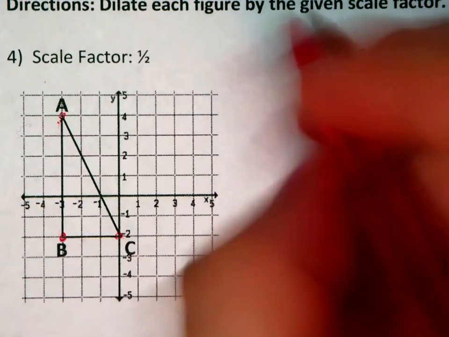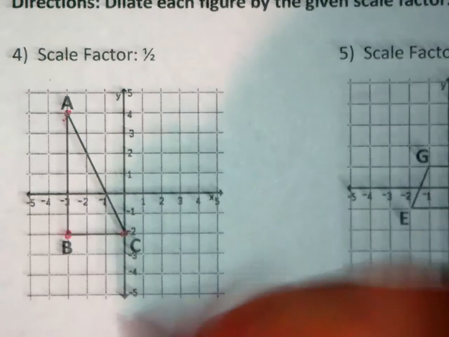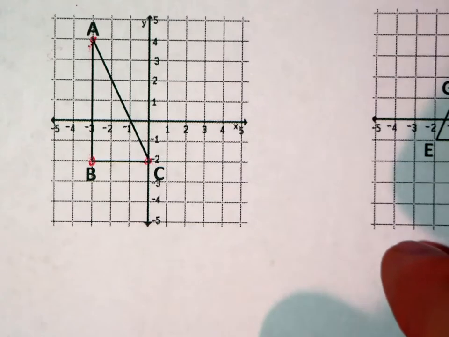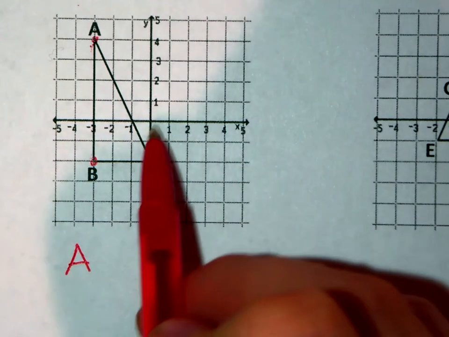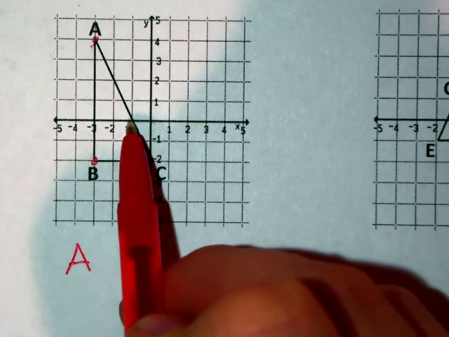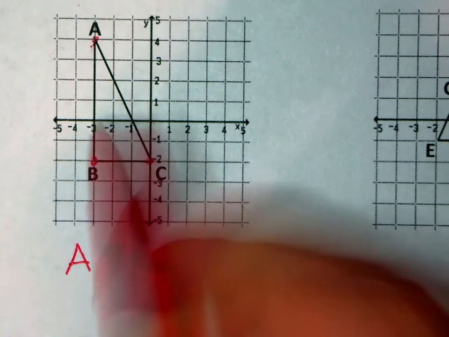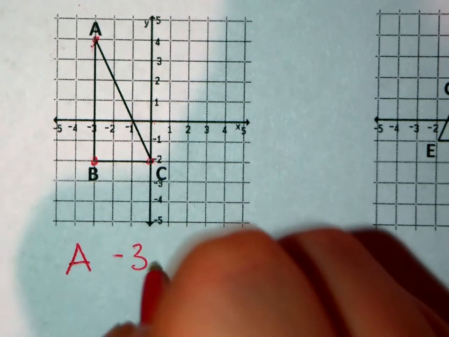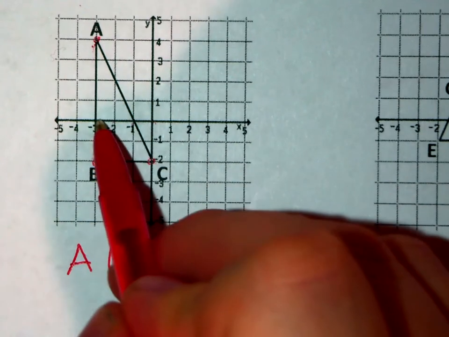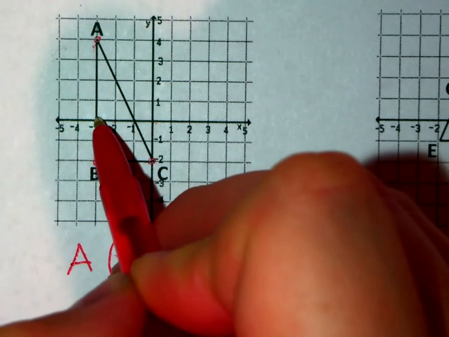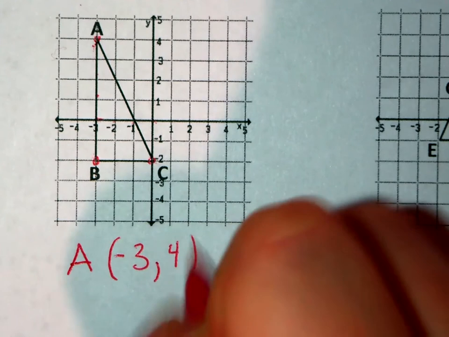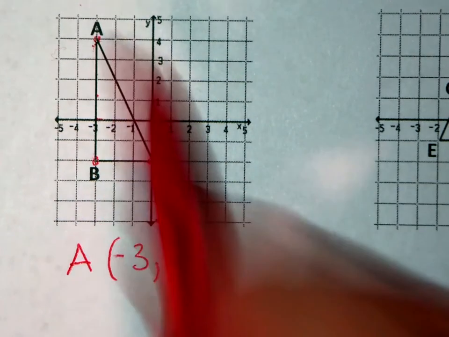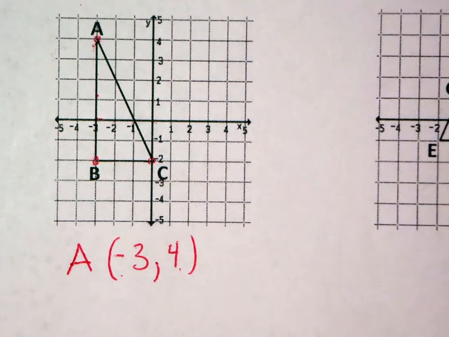So I want to identify the value of my coordinate pair for A. That would be starting from my origin, -1, -2, -3. Now I continue upwards, 1, 2, 3, 4. So the ordered pair for A is -3, 4.